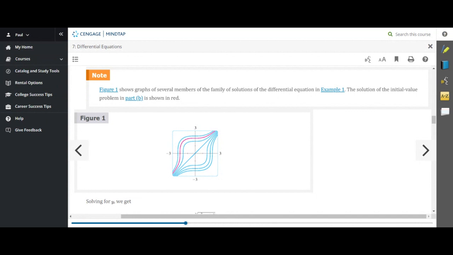And that solution would have equation y equals the cube root of x cubed plus 8. Are there any questions on that? Any questions on this problem?